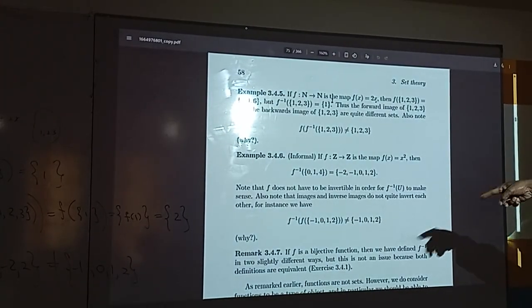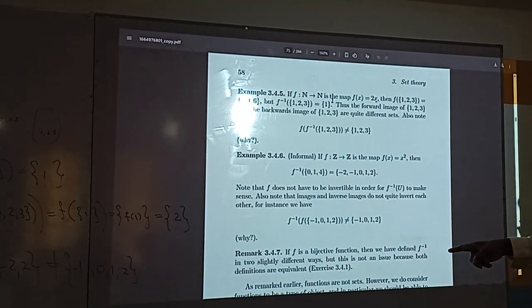If f is a bijection, then we have defined f inverse in two slightly different ways, for sets only. But this is not an issue because both definitions are equivalent.